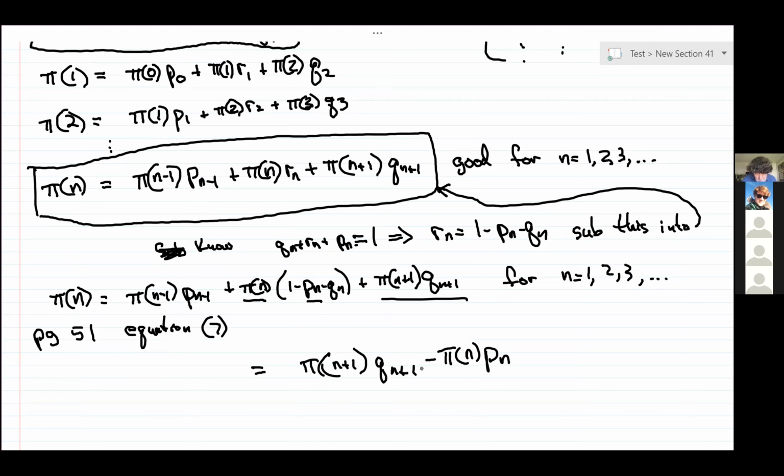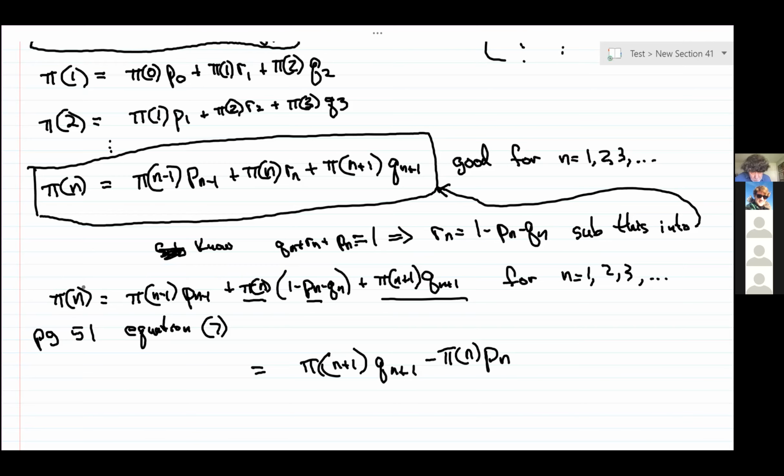Well, notice when you do pi n times 1, you get pi n on the right side, this times that, but that's the same as this. So that term can be canceled from both sides of the equation before you start simplifying.